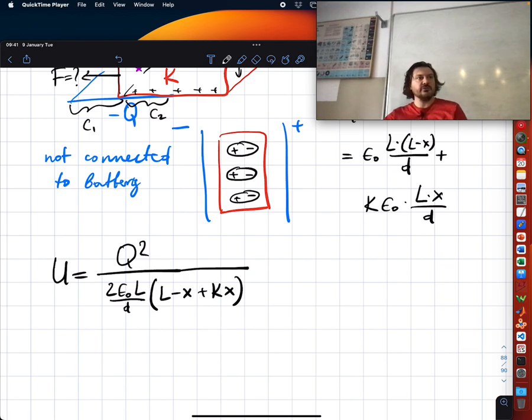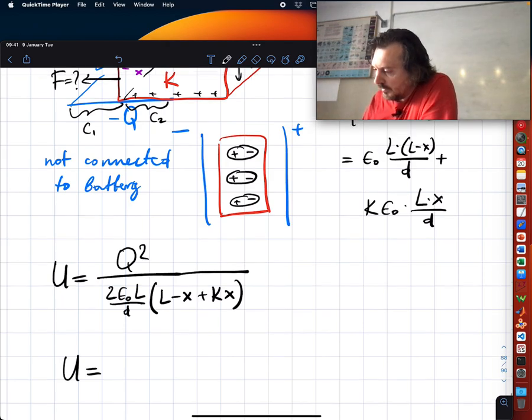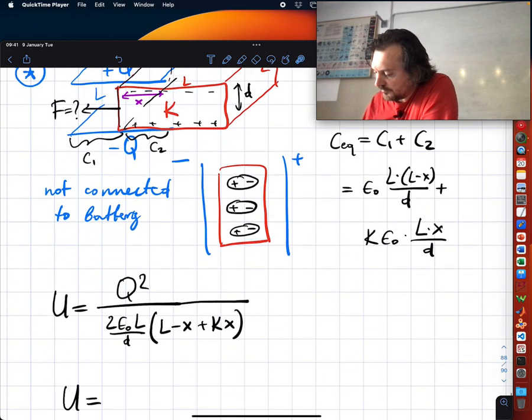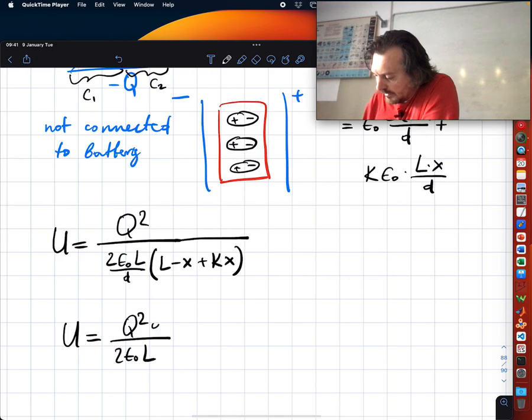Everybody, can you check, please? The two comes from here. So I have Q squared over 2 epsilon 0 L, and I have D here, and L plus K minus 1 times X.